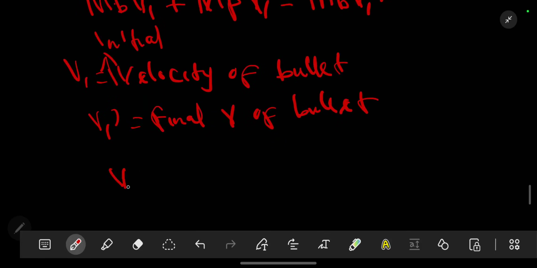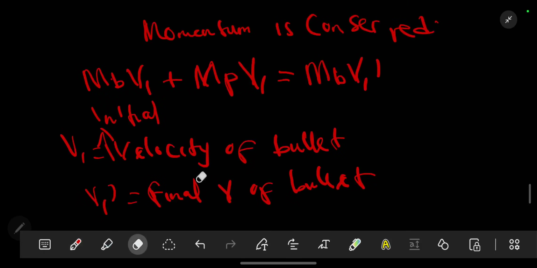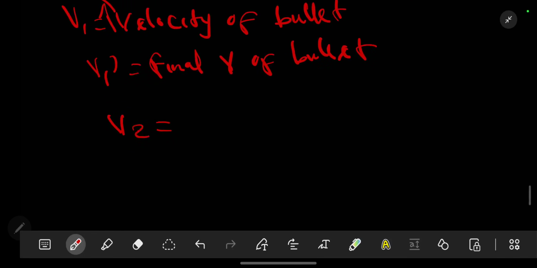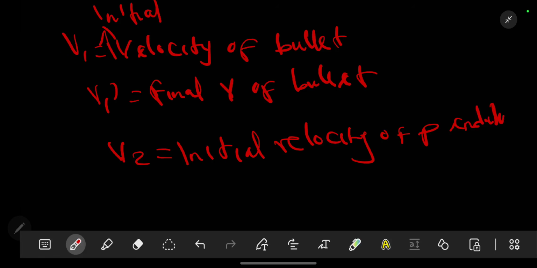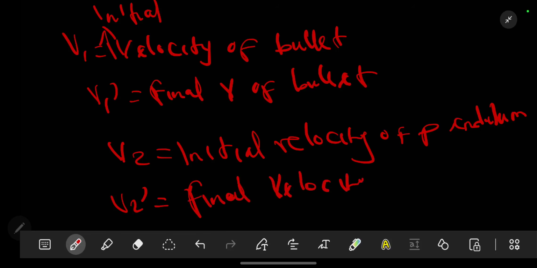Then our v2, not v1 here, so v2 is equal to the initial velocity of the pendulum, and v2 cap is the final velocity of the pendulum.